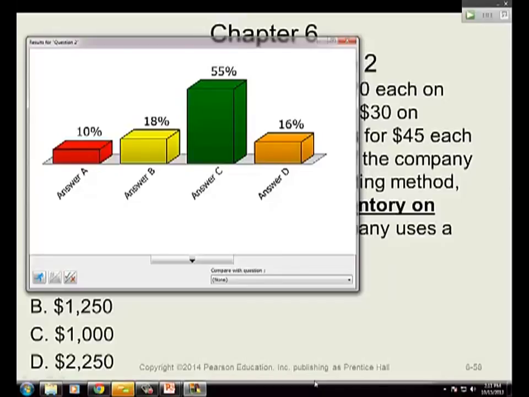Sold 150, and the inventory is 50 units. If this is last in, first out, quickly I know the ending inventory has to be the oldest cost. If you know the definition of LIFO, and this is LIFO, ending inventory is the oldest cost. So I've got 50 units at 20.